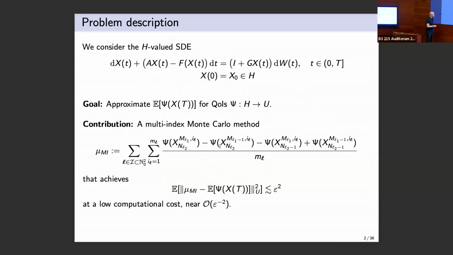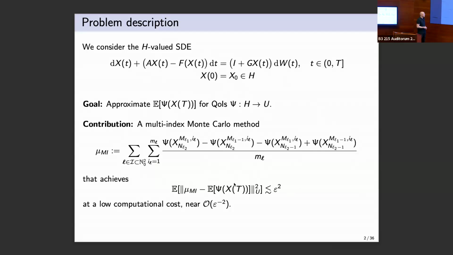And then you need to have this kind of coupling of realizations on the different levels in order to achieve variance reduction. It's an extension of multilevel Monte Carlo that I will come back to the details of later.